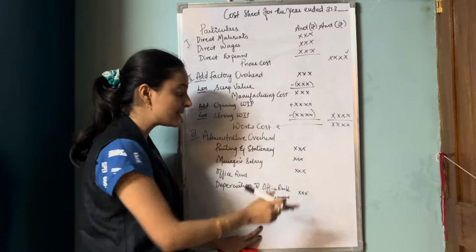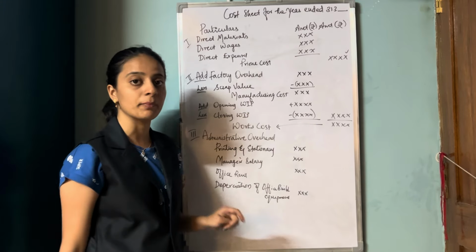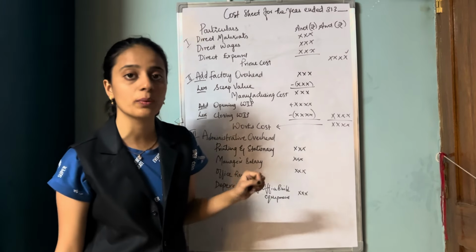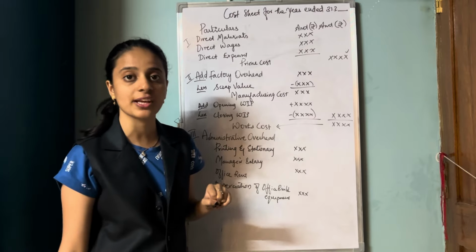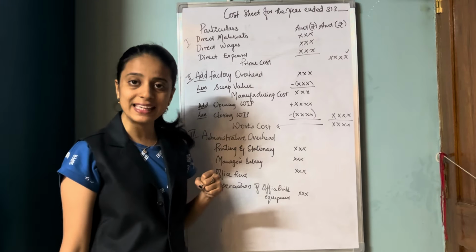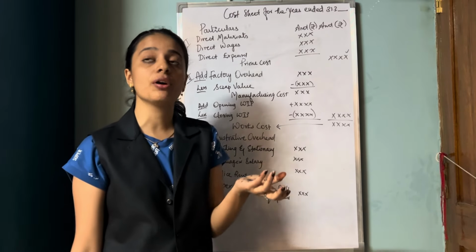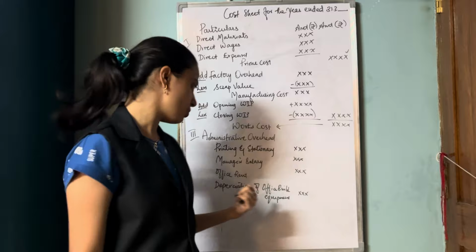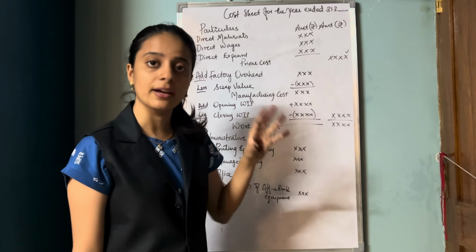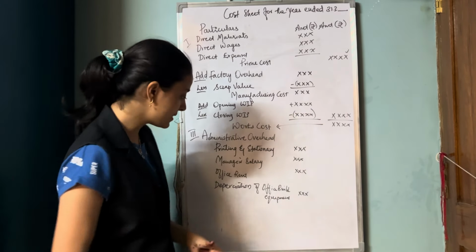Now, depreciation of office building and equipment, I cannot take in the factory overhead. Why? Because they have clearly told me it is of office building and office equipment. Or it might be depreciation of furniture and fixtures. Furniture, where will you use? You will use it in office. So, it will come under office head. Fine, is that clear?